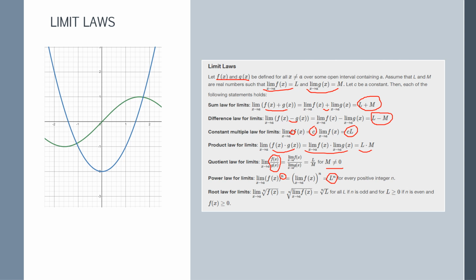The root law says that if you have a radical, then you can also take it out. That would be the nth root of L for all L if n is odd. Now, if n is even, we just need to make sure that this expression is greater than or equal to 0. Okay, so these are the rules that we will be using in today's lecture.